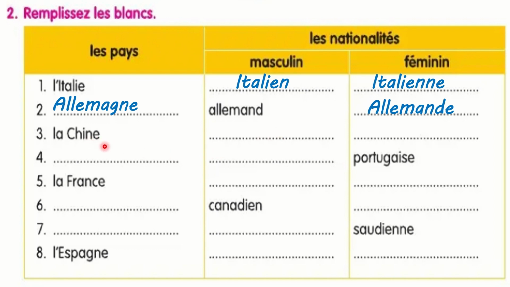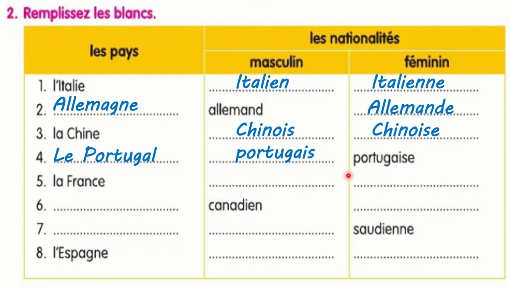Next we have La Chine, that means China. So Chinois and Chinoise, it is the nationality in masculine and feminine of China. Next we have Portugais, that means Portuguese. So in this the country would be Le Portugal, that means the Portugal, and the masculine nationality is Portugais.